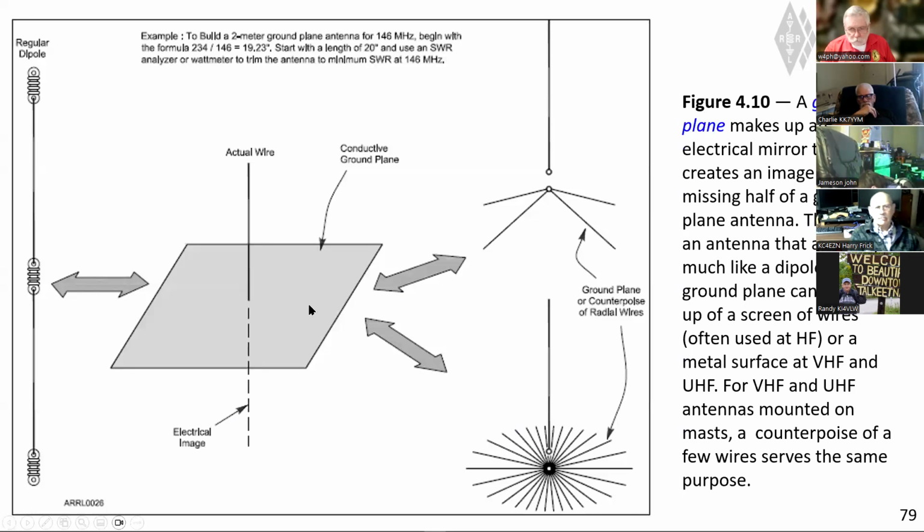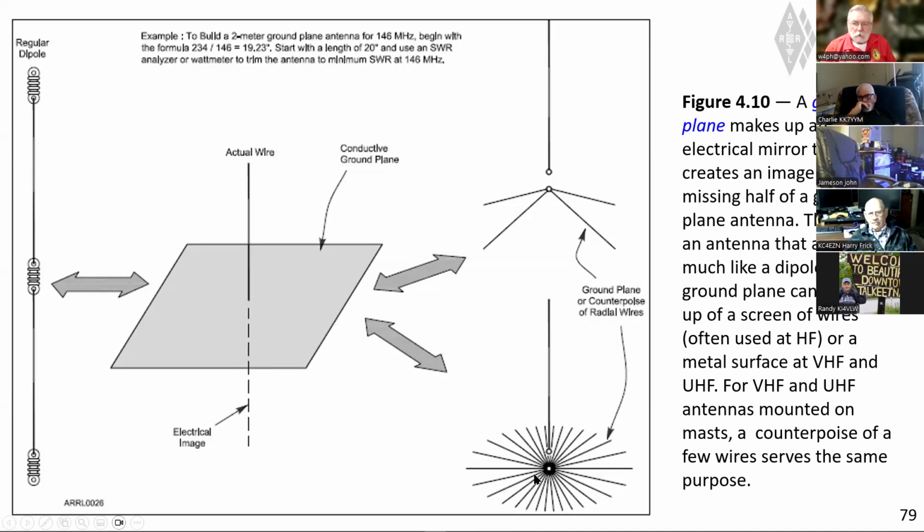Figure 10, a ground plane makes up an electrical mirror. In this case, it actually has a conductive plane, which could very easily be the metal roof of your car. This is one like I just held up a minute ago, where it has the vertical and has 4 radials coming from it.